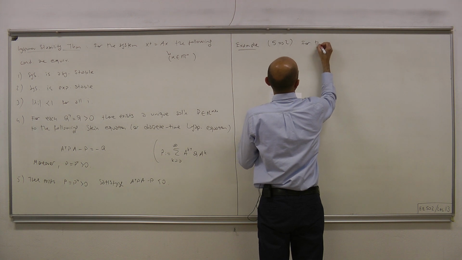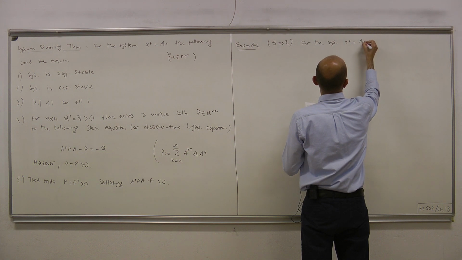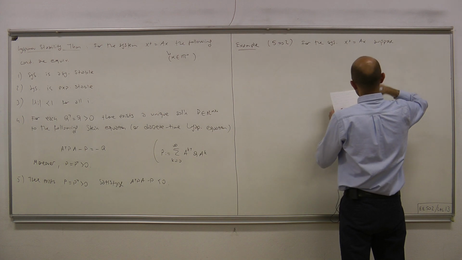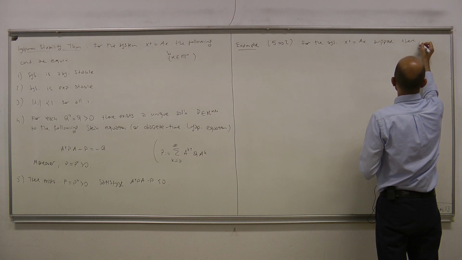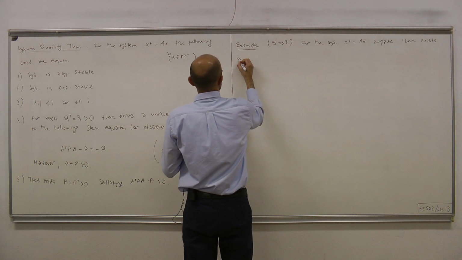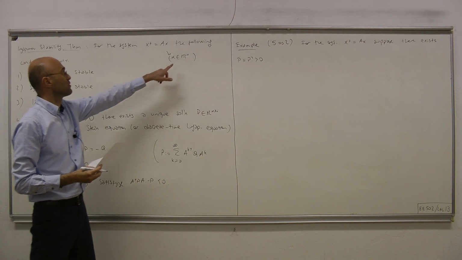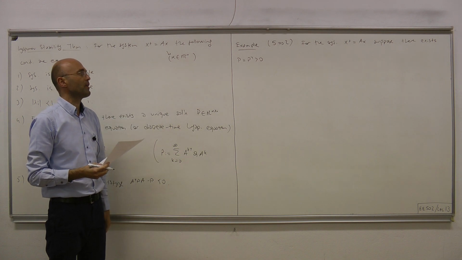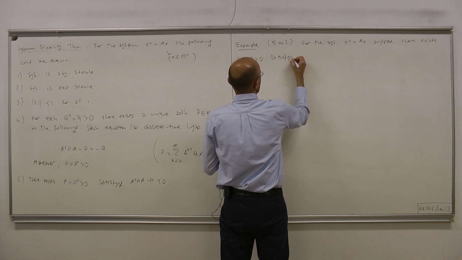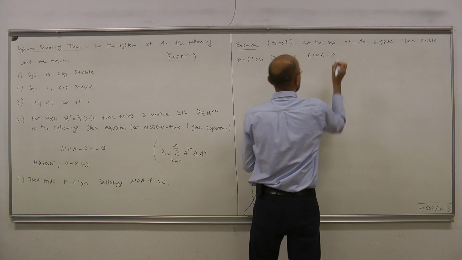Now, for the system x plus equals A x, suppose there exists a symmetric positive definite matrix P, P equals P transpose positive definite, and P is of size n by n. n is the order of our system, satisfying Stein's inequality.